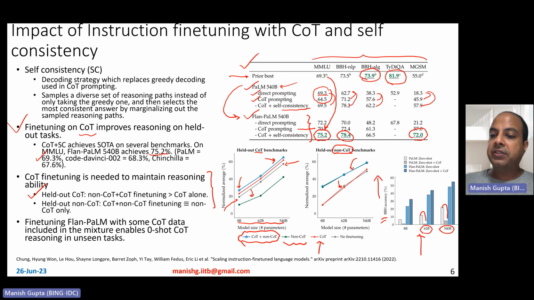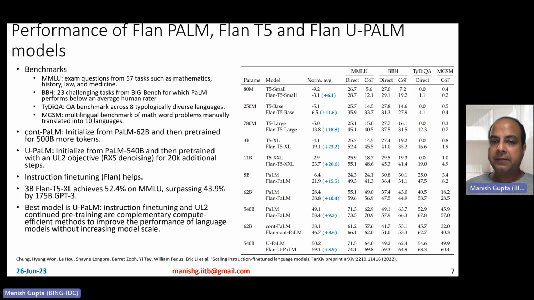But if you do instruction fine-tuning, even the zero-shot accuracy is super awesome. And if you instruction fine-tune along with COT, your results are even better. So in short, the takeaway is that instruction fine-tuning with COT is a really good idea, along with, of course, the self-consistency based decoding. Okay.